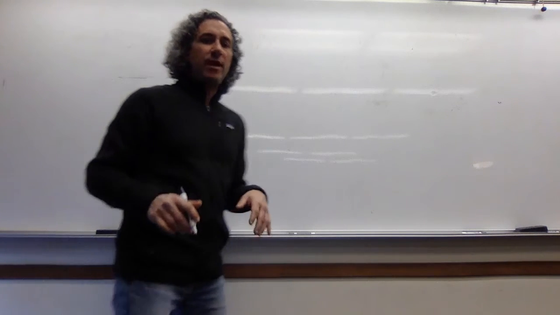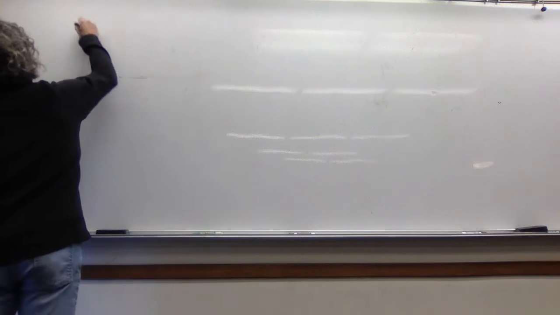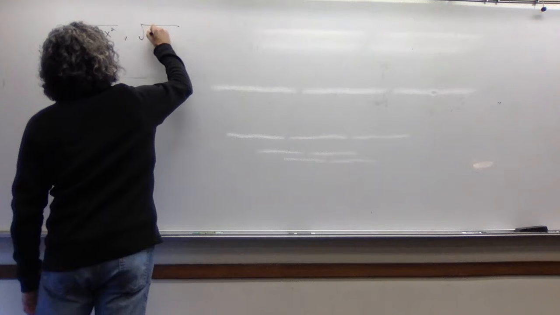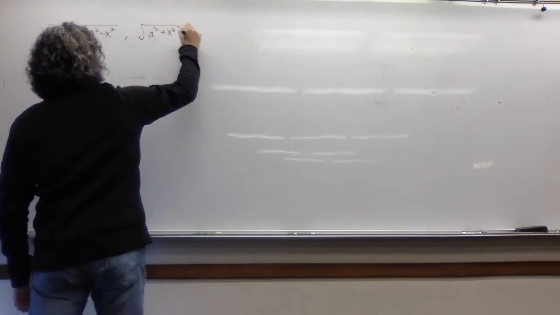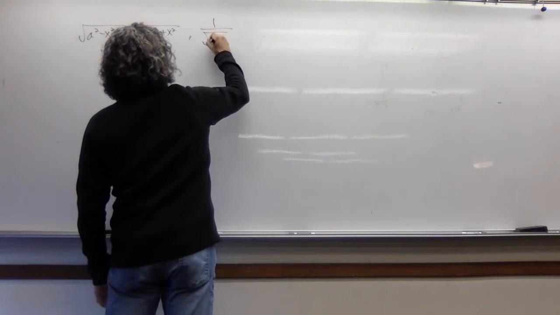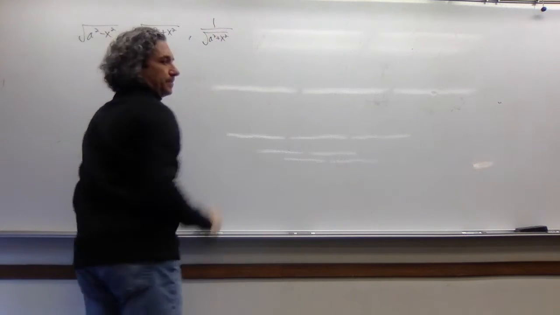Today we're going to look at several other structures: the square root of a squared minus x squared, the square root of a squared plus x squared, 1 over the square root of a squared plus x squared.